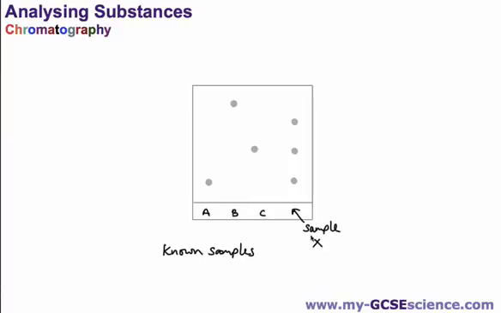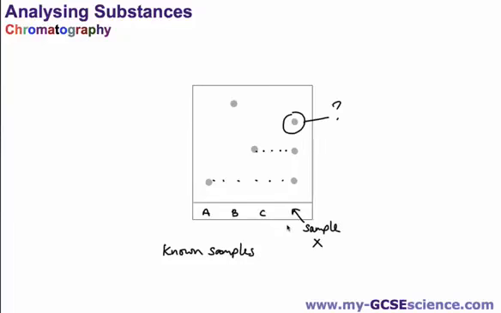Just have a quick look and see if you can spot which ones are in sample X. What you should notice is that this sample has some of chemical A, and it has some chemical C. It doesn't have any chemical B. In actual fact, there is something that we don't know what that is. So our sample contains some A, some C, another chemical that we don't know, and it doesn't contain any B.